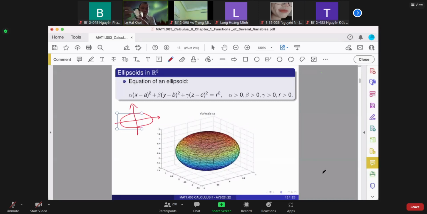So this form actually represents the ellipsoid, right? When you go to the watch shop, you always have such a thing. So it's quite normal in our life. There are very many things that have the shape of an ellipsoid.